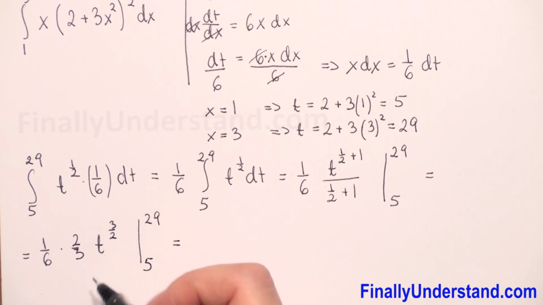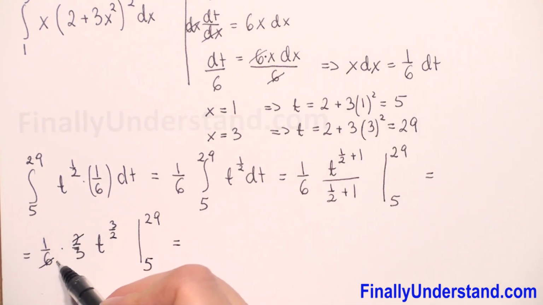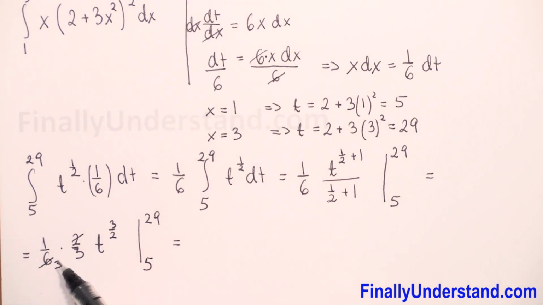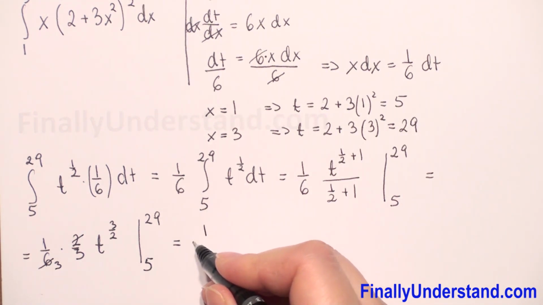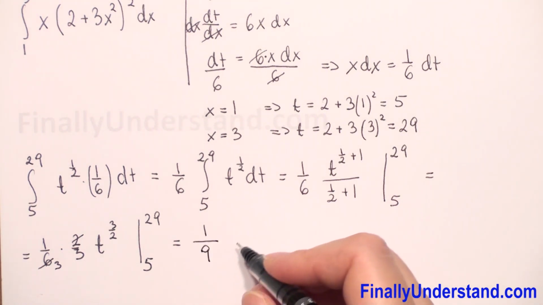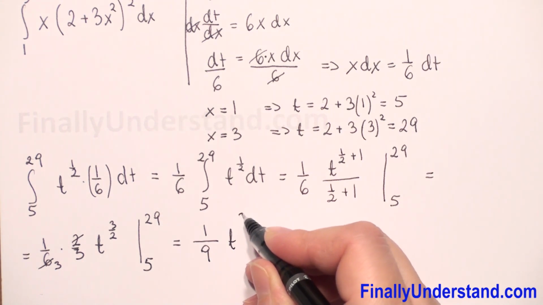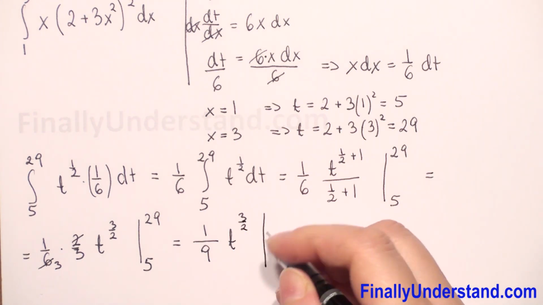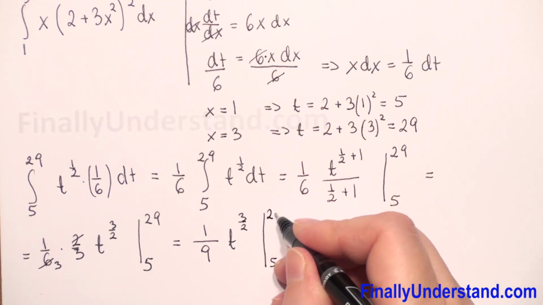So this is equal, 6 and 2 we can reduce, so in the numerator it will be 1, in the denominator it will be 9, t to the power 3 over 2 from 5 to 29.